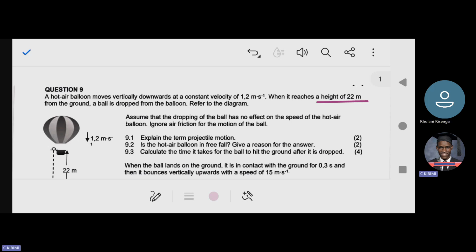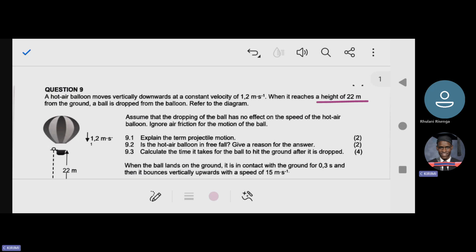Okay, so if the balloon is moving downwards with a constant velocity of 1.2 meters per second, when it reaches a height of 22 meters from the ground, a ball is dropped from the balloon.